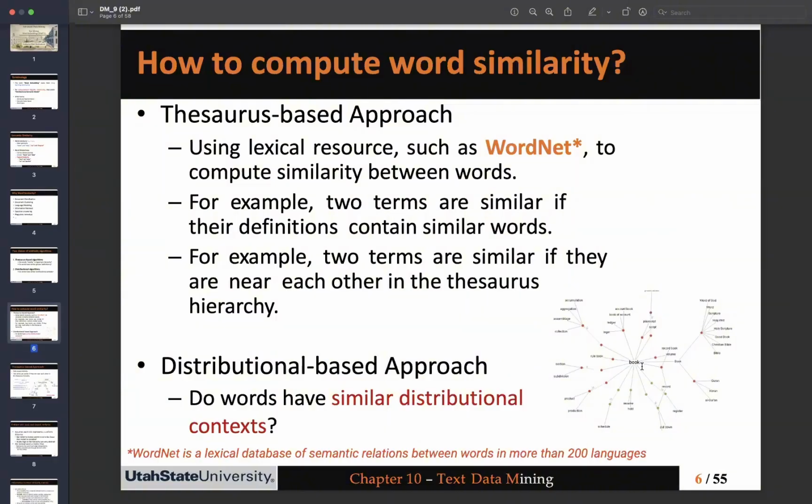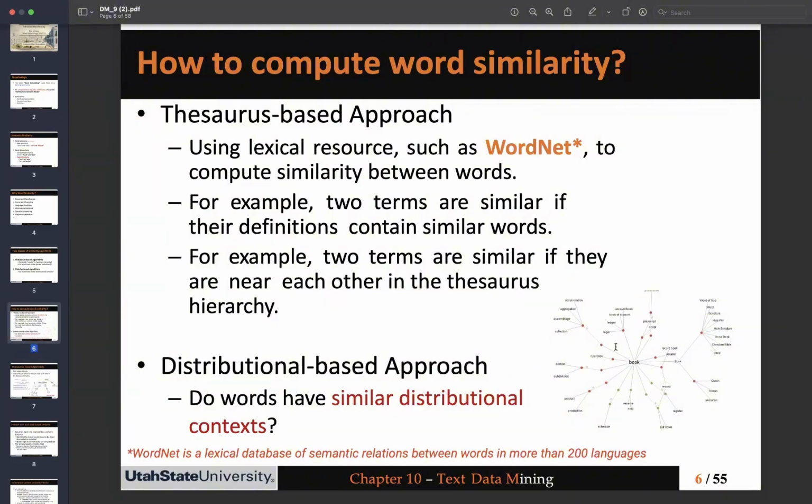The words are nodes, and this is known as a hypernym graph, also known as an is-a graph. If you look at the central node here, we can say that a book is a rule book, or is a ledger, or is a play script, which are the direct children nodes related directly to the book node.